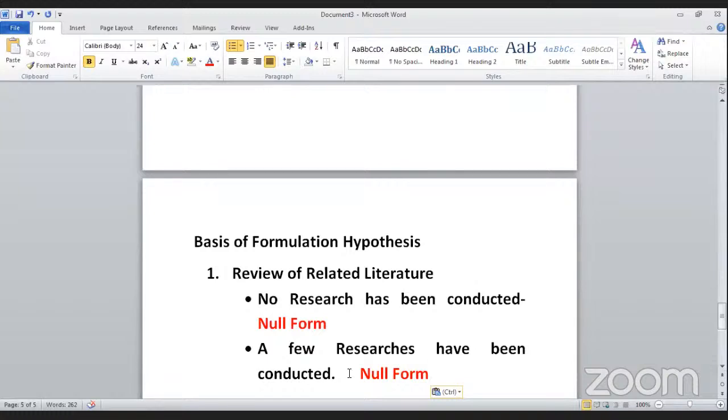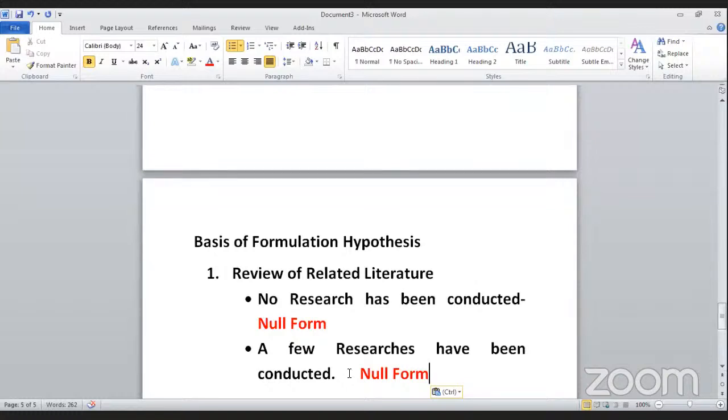Because on the basis of a few researches, it is not possible to give the direction. So you have the direction only and only if your base is very strong.